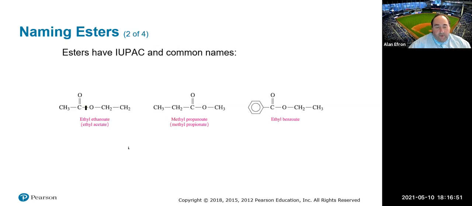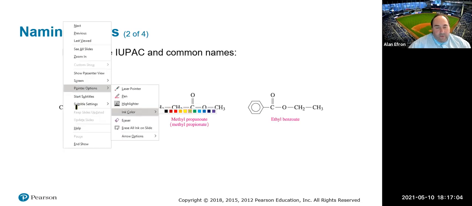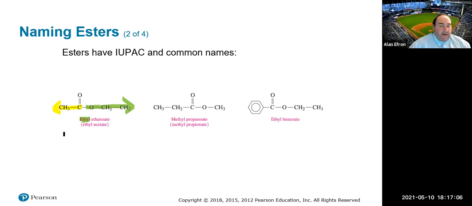So let's take a look and again, see how we get to these names. Going towards the single bond oxygen is our alcohol name. So we see 2 carbons, which is the ethyl. Going the opposite way, away from the single bond towards the double bond, also 2 carbons, from ethane becomes ethyl ethanoate. Again here, carbon oxygen double bond, going away from the single bonded oxygen gives us our carboxylic acid name. That's based off of propane, becomes propanoate.